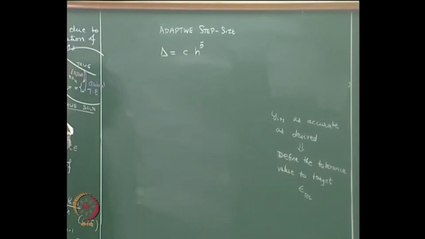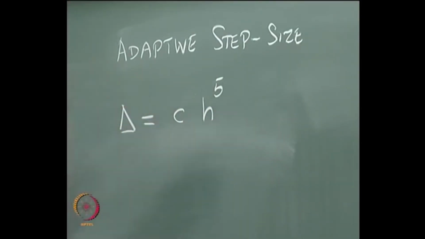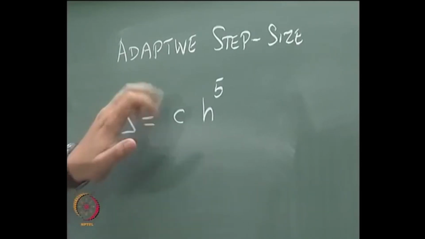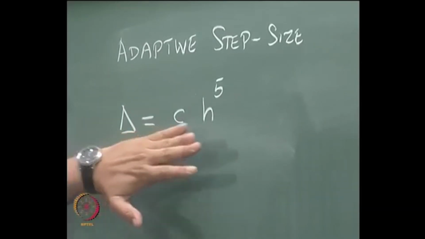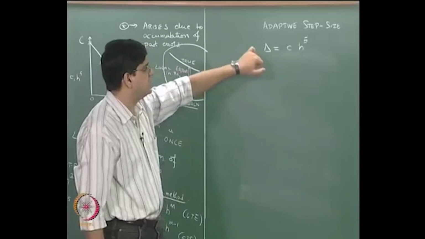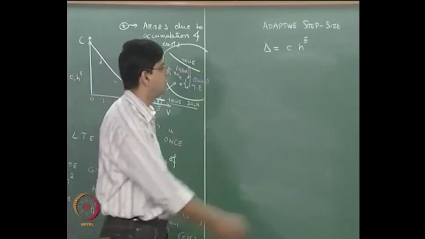Okay, so delta is some other constant c multiplied by h to the power 5. C could be 15 c1 divided by 16 if you want to write it that way. So this is the estimate of this particular difference delta. Now if h was the step size, this is going to be the delta that we get.